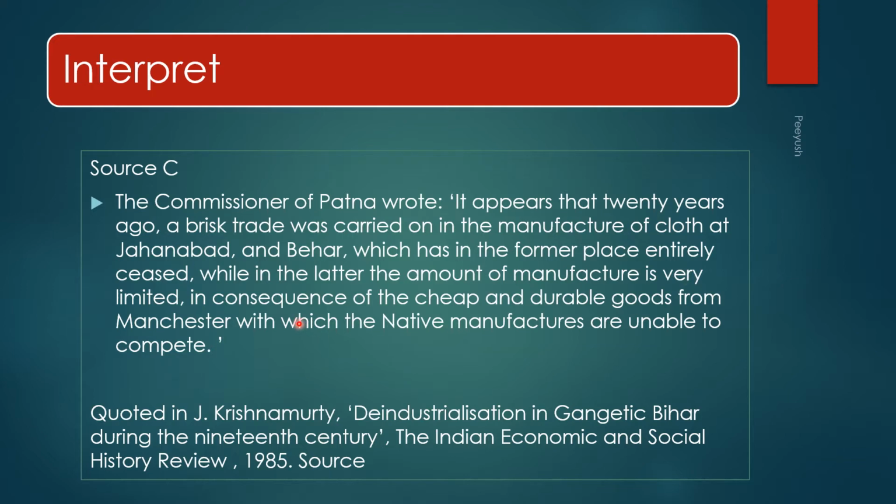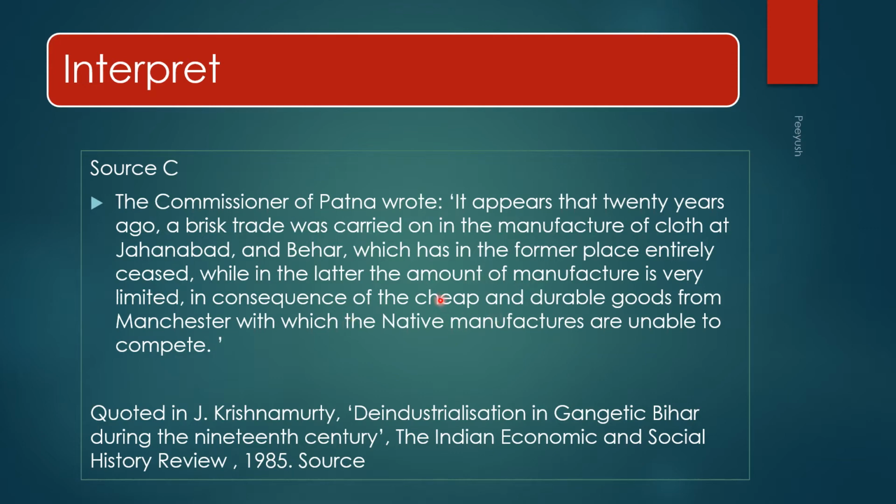So in these locations, a trade was available, and the weaving work was quite flourishing. However, after some time, the amount of manufacture became very limited. Previously they were manufacturing to a great extent, but manufacturing dipped because of the cheap, durable goods from Manchester.